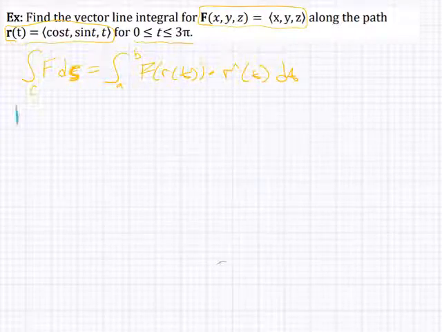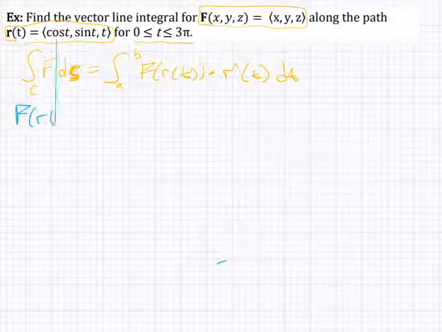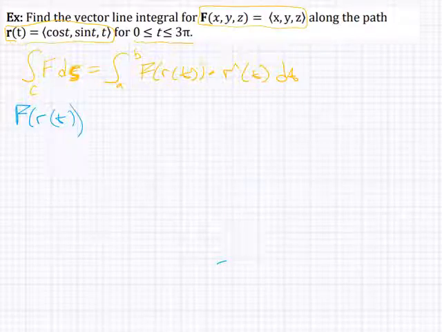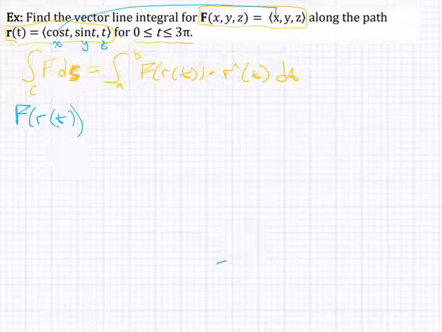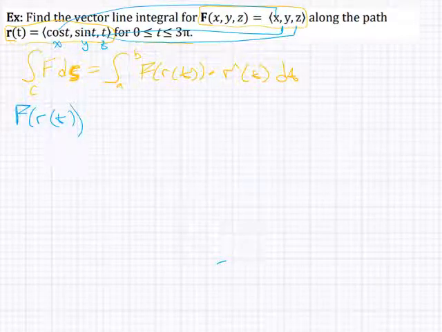So first we need to find f of r of t. Now how we're going to do that is very similar to how we did it with functions. We'll call this x, we'll call this y, we'll call this z, and we're going to plug them in accordingly. So this will go in for x, this will go in for y, this will go in for z, wherever we see an x, y, and z.